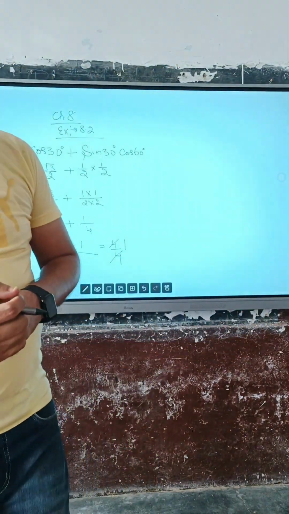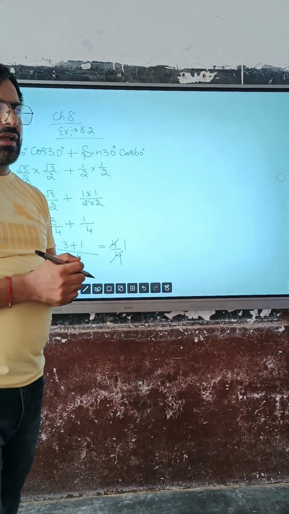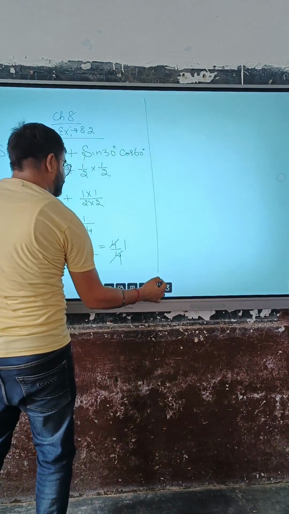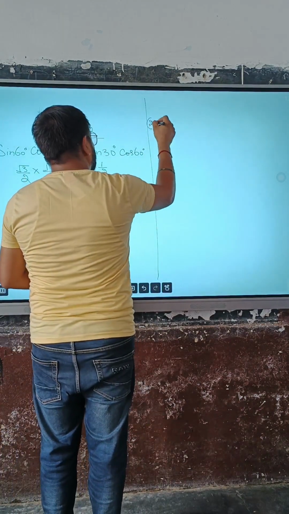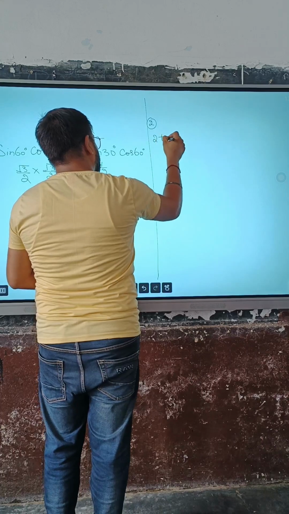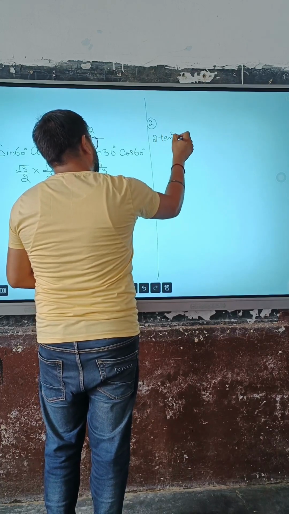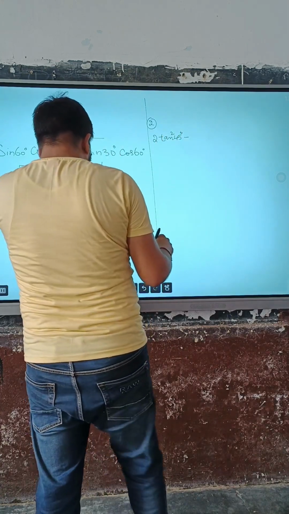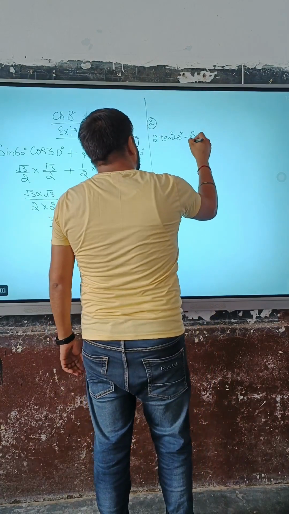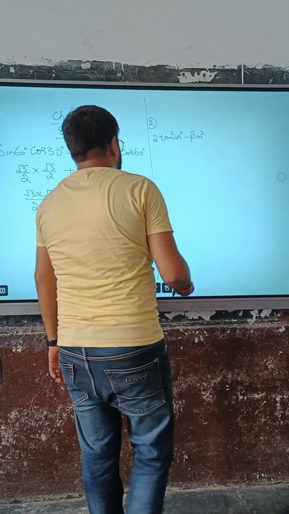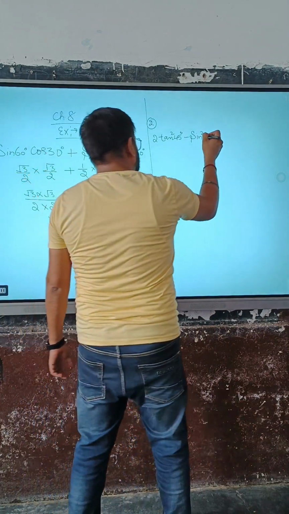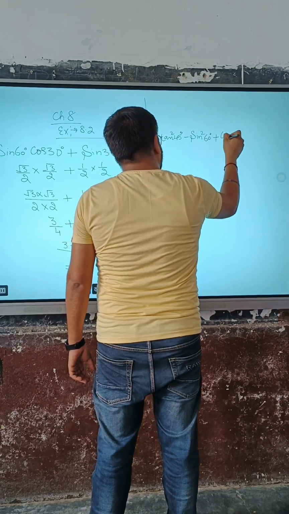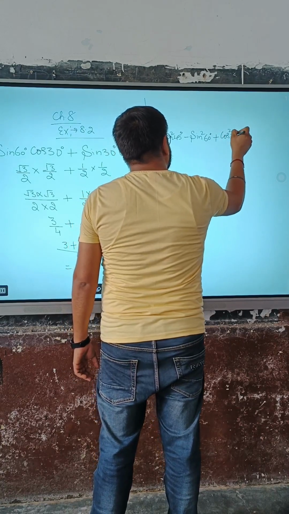2 tan square 45 degree minus sine square 60 degree plus cos square 30 degree.